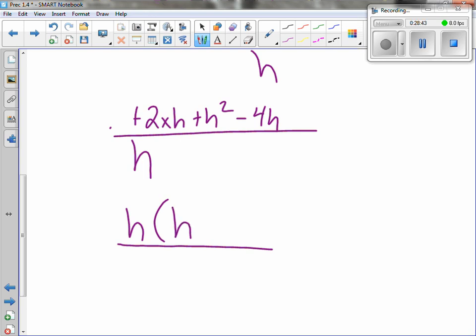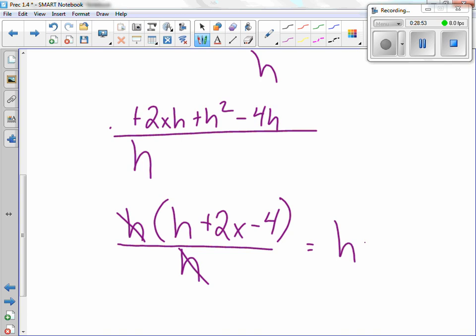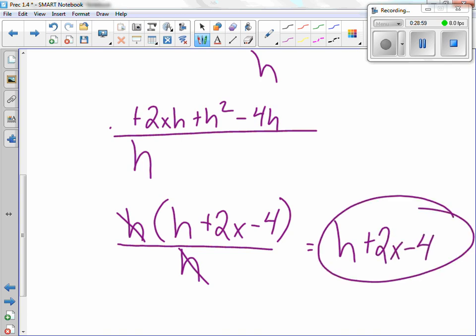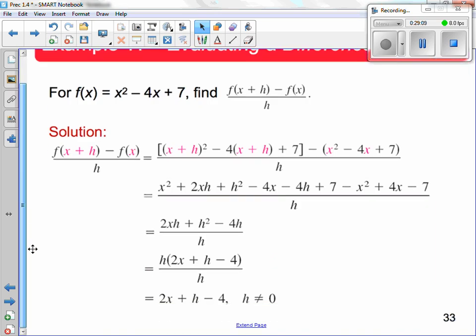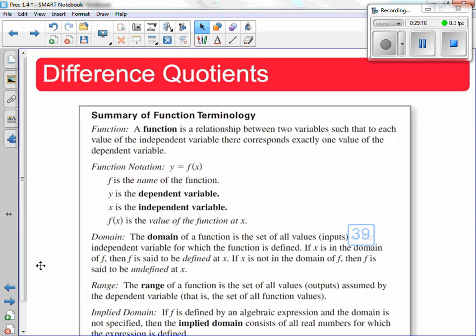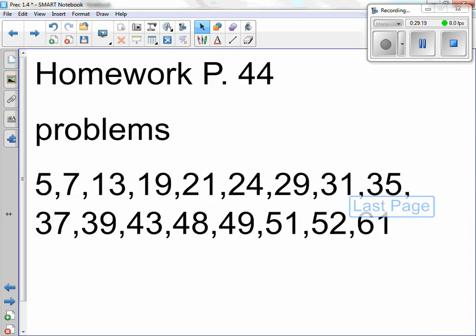So h out of h squared is just h, plus 2x minus 4, all over h. So that's the difference quotient for this equation, where h is not 0. Because we would have 0 in the bottom of the fraction, so it can't be 0. That's it.